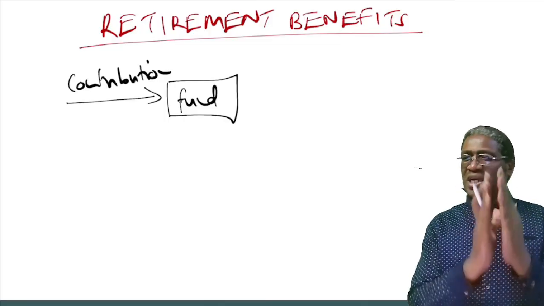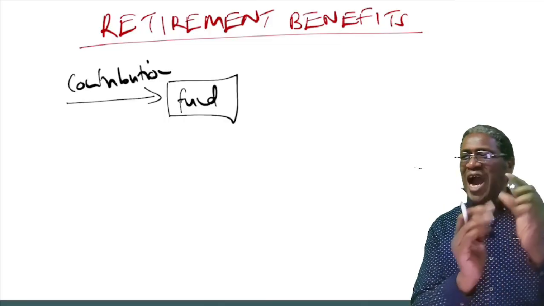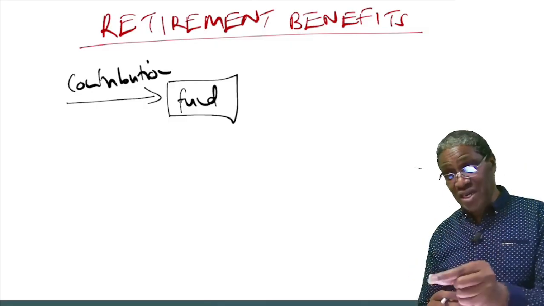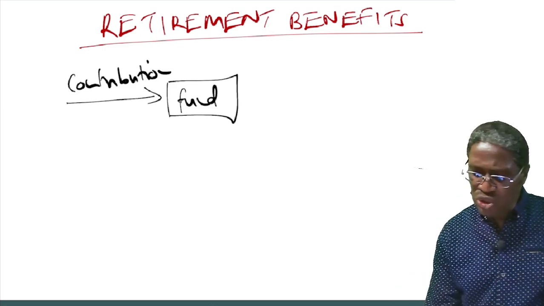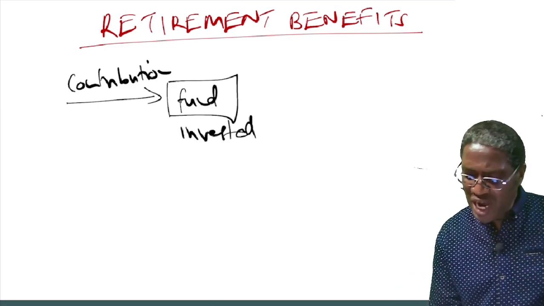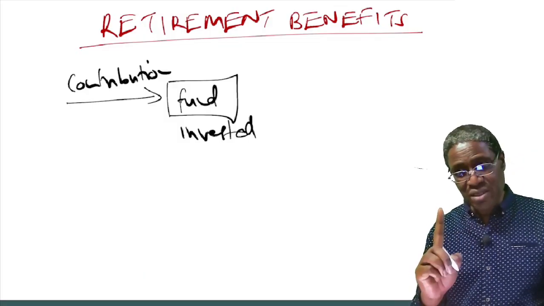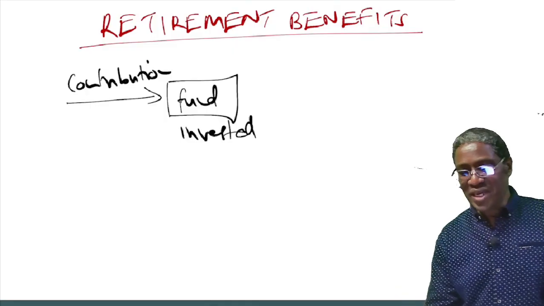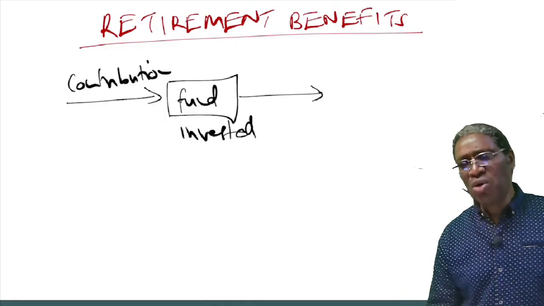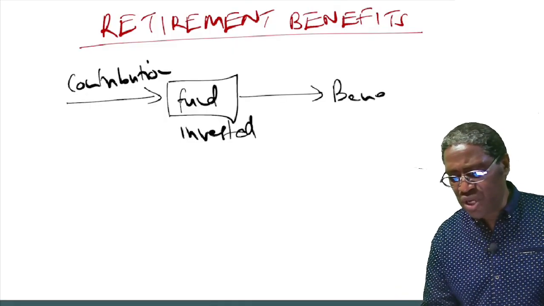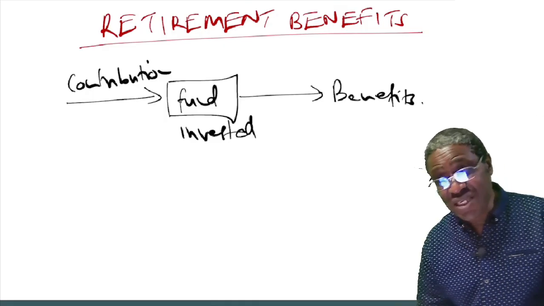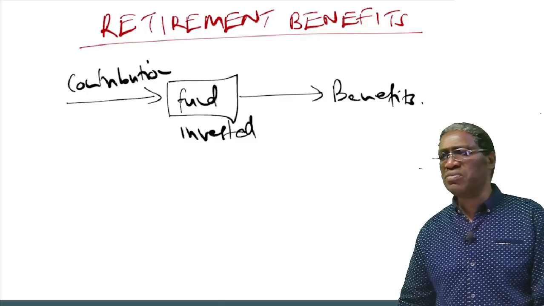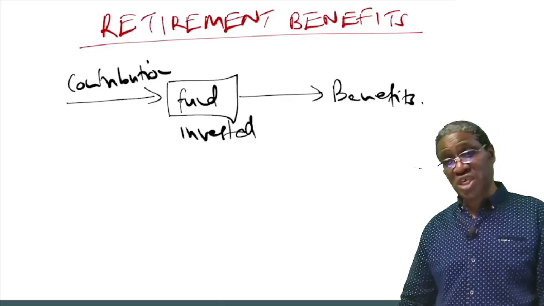They make a regular contribution to a pension fund. Those contributions are normally invested by whoever is the funding agent. Then it is this funding agent who normally pays the benefits to the employees when they retire. So in essence, that's how a pension scheme operates.